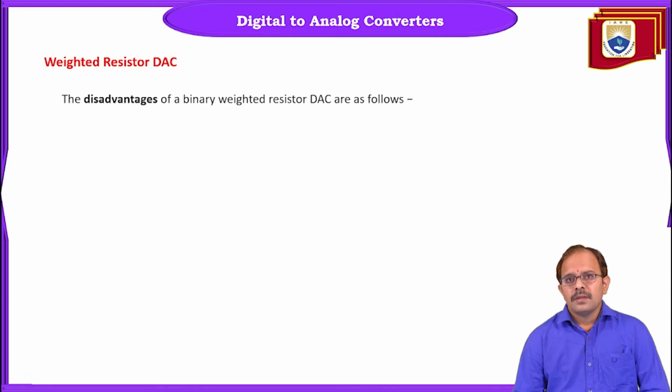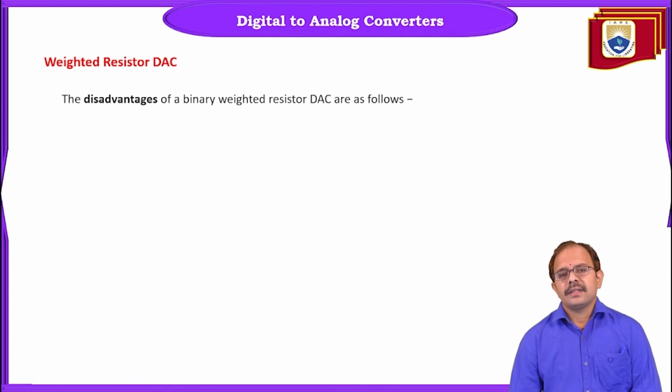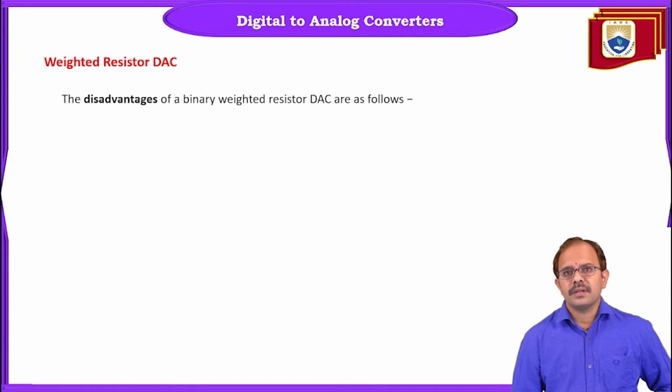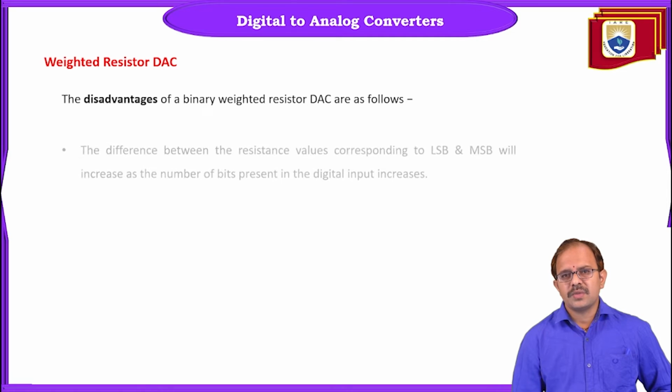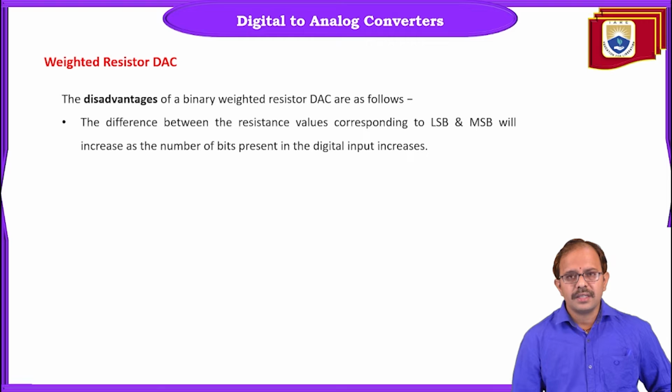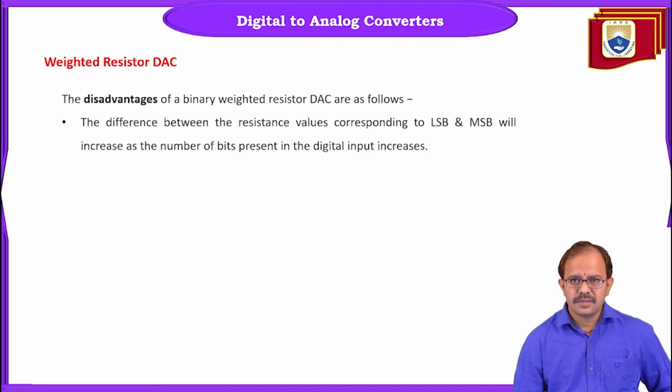And then we highlighted the drawbacks of the weighted resistor DAC. There are a few drawbacks. The first is that the difference between the resistor values for LSB and MSB is very huge.